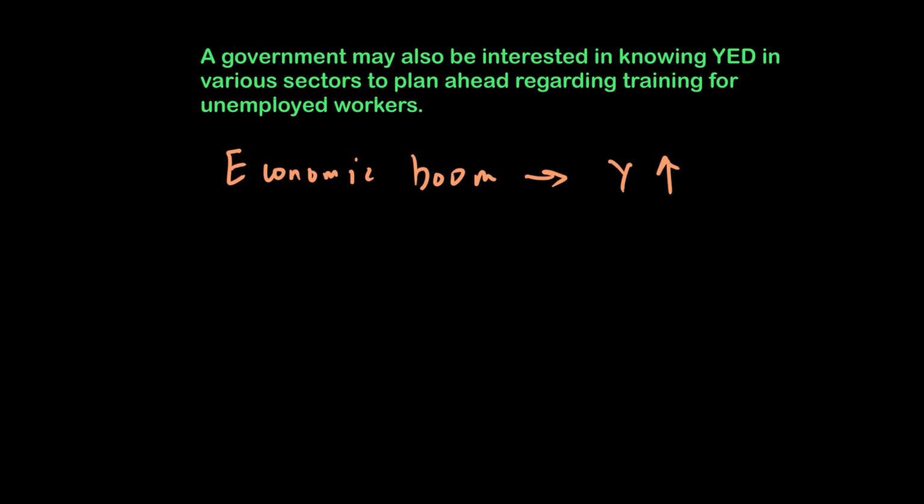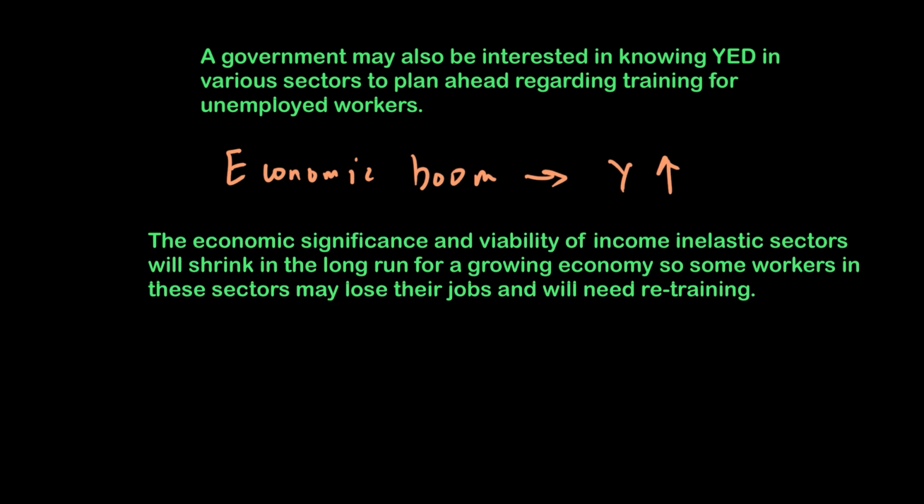Now this would mean that the economic significance and viability of the income inelastic sectors will shrink in the long run for this kind of a growing economy. And so some trainers or some workers in these sectors may lose their jobs and will require retraining.